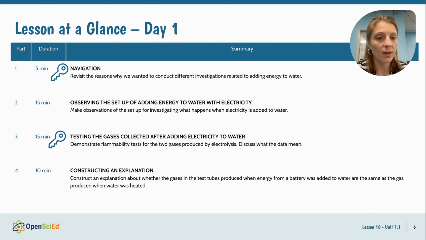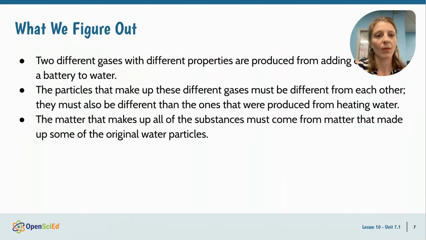We have a quick conversation around the similarities and differences between what happened in lesson 9 when we added heat and collected that gas versus adding energy from a battery and testing those gases. And we end the lesson by having our students construct an explanation as to whether the gases that were produced in lesson 9 are the same as the gases that are produced in lesson 10.